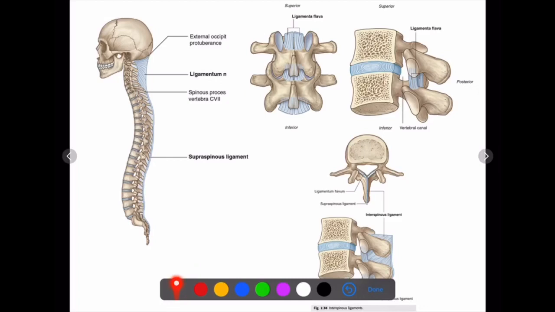In the thoracic region, the concavity is anterior and the convexity posterior. In the lumbar region, the concavity is posterior and the convexity anterior. The sacrum is concave anteriorly.